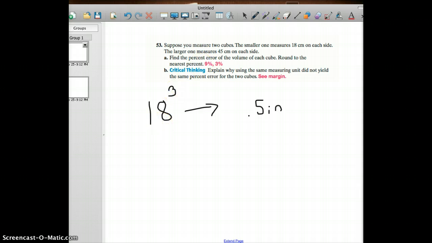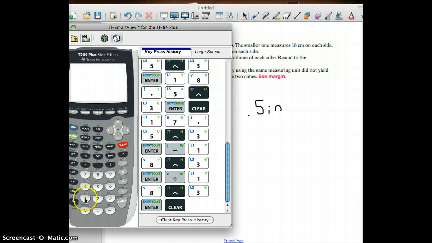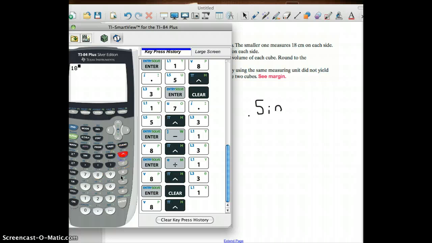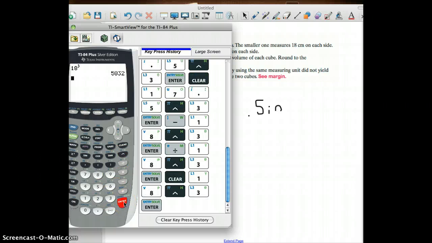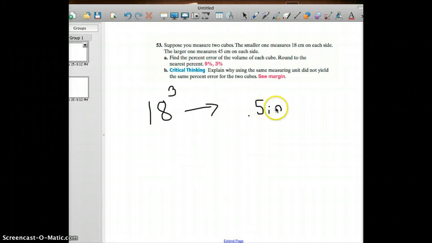So if we take 18 to the third, we end up getting 5832. And that's going to be our centimeters cubed.